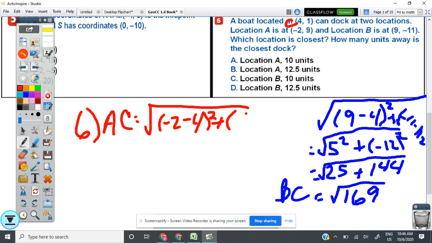Get my y minus from the formula squared from the formula.